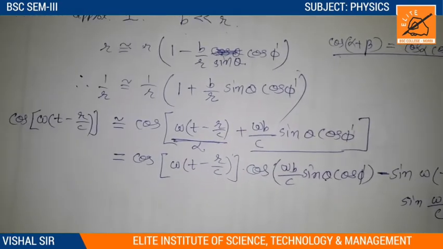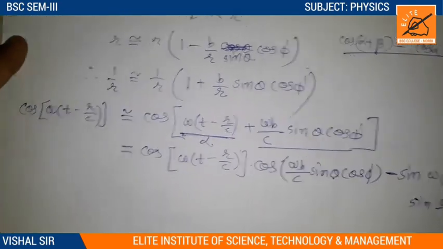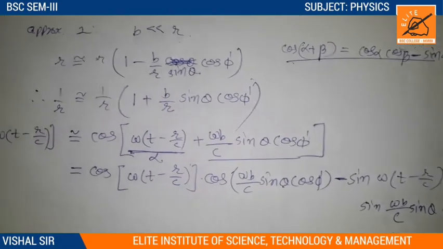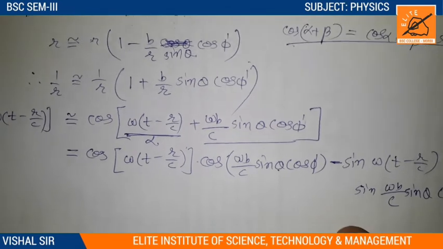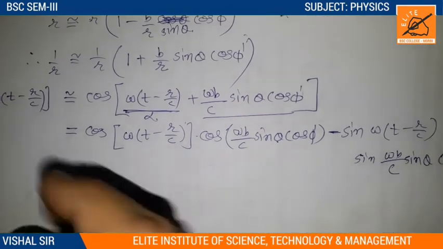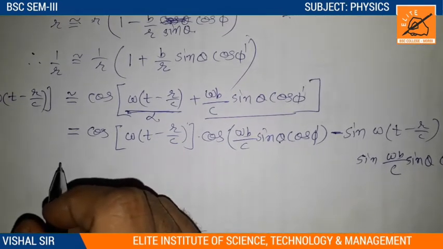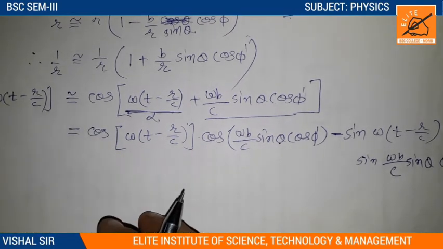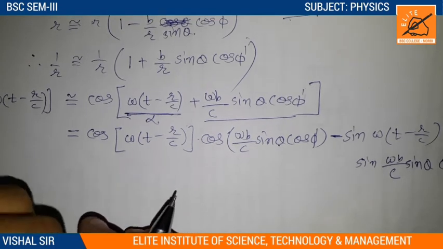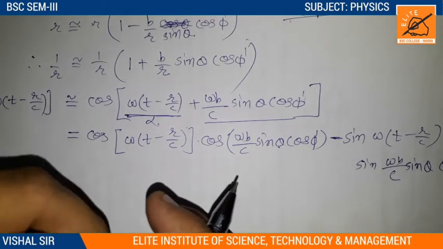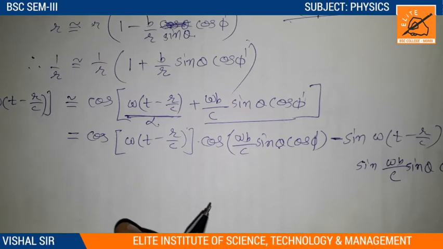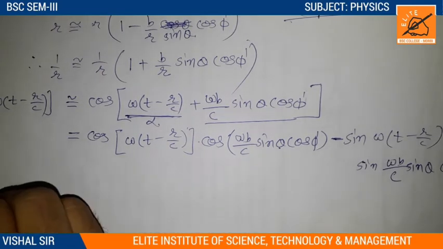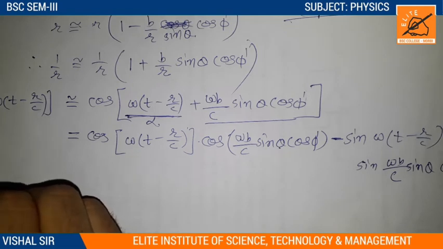Okay, so we have already taken some approximations in electric dipole radiation also. So in this case also, assume the size of the dipole is small. So this is nothing but approximation.